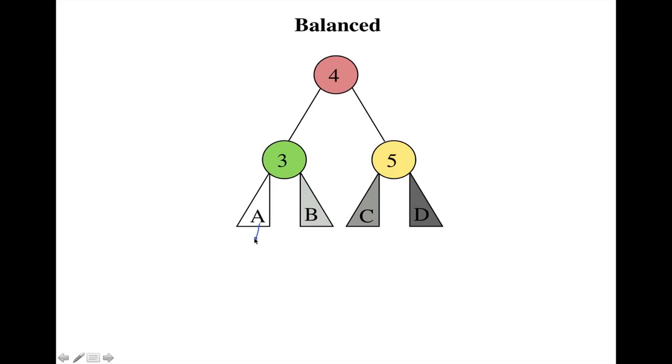We can make this one unbalanced, this one, this one, this one, and we call these cases left left, left right, right left, and right right. For each one of these cases we need 1 or 2 rotations in order to fix it and make the new tree balanced again.